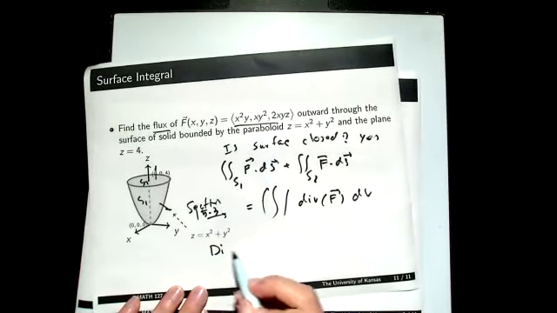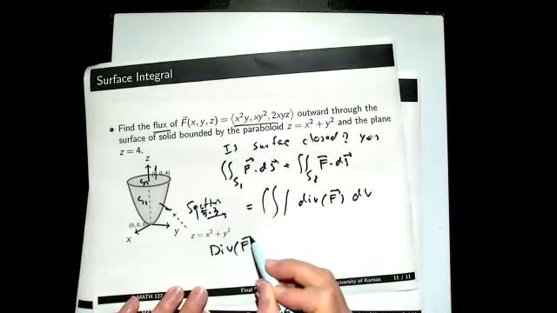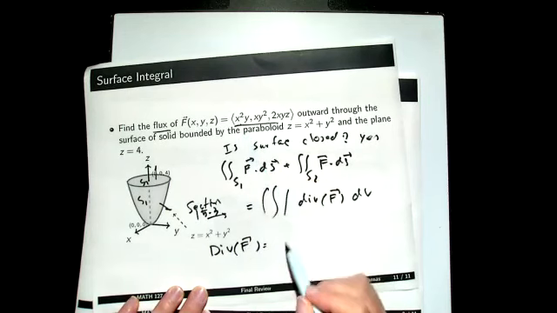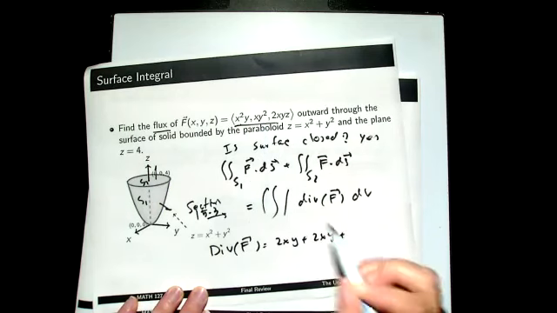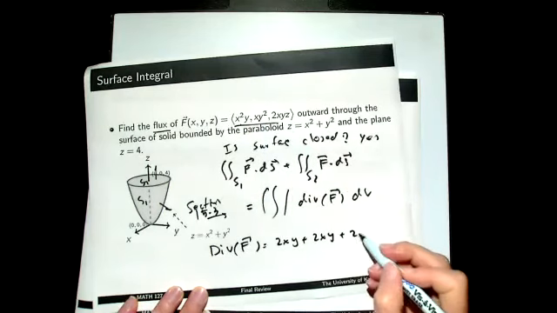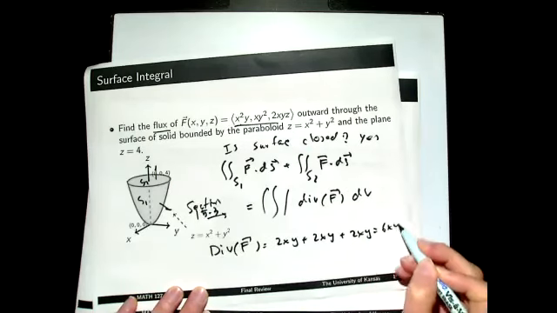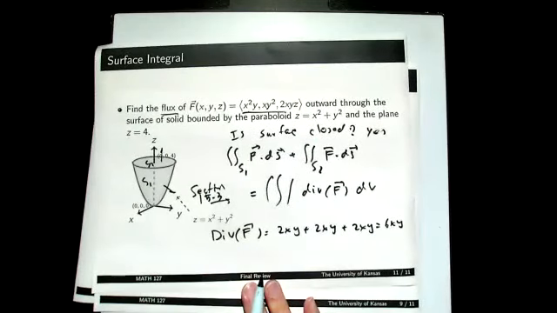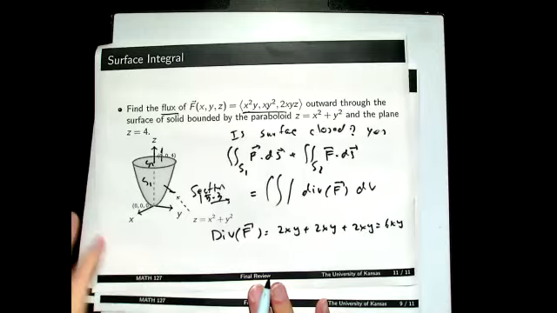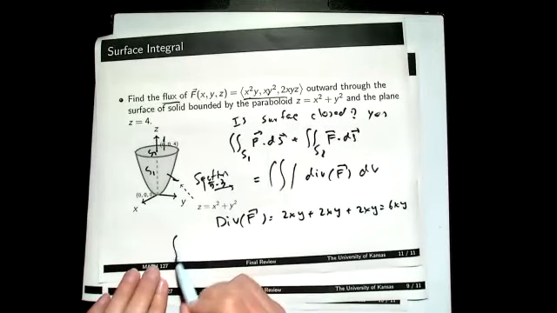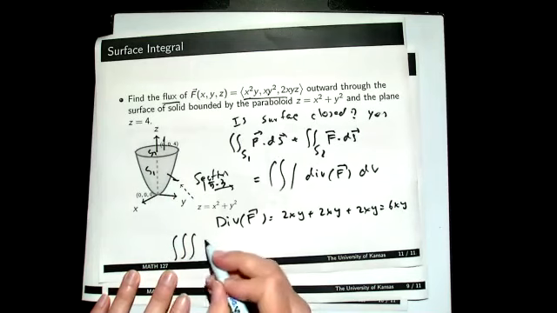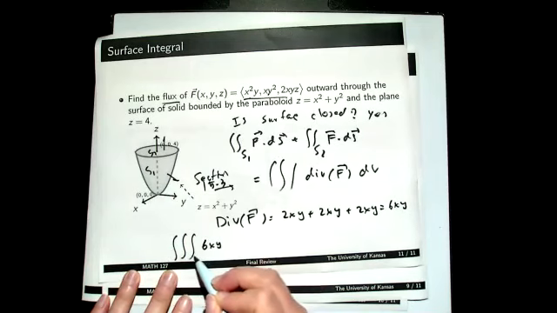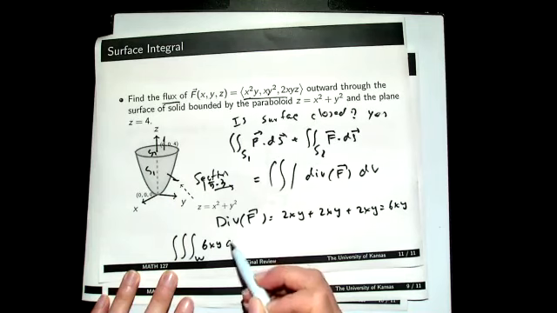Let's see. The divergence of F is equal to the first one with respect to x plus the second one with respect to y plus the third one with respect to z. All good? Now, all I need to do is find a triple integral over this volume, dV.